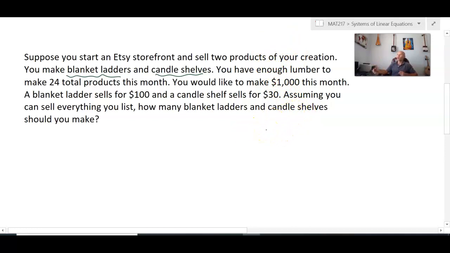Well, that's the variable, right? How many begs the question of what quantity of blanket ladders and what quantity of candle shelves should you make? So we're going to create 2 variables here. Maybe we'll call those B for blanket ladders. And we'll say this is the number of blanket ladders you make.